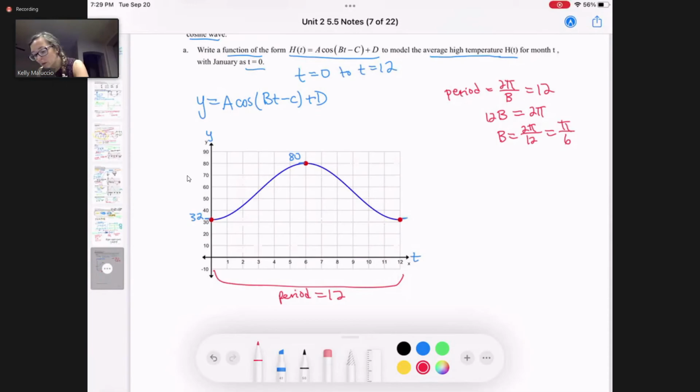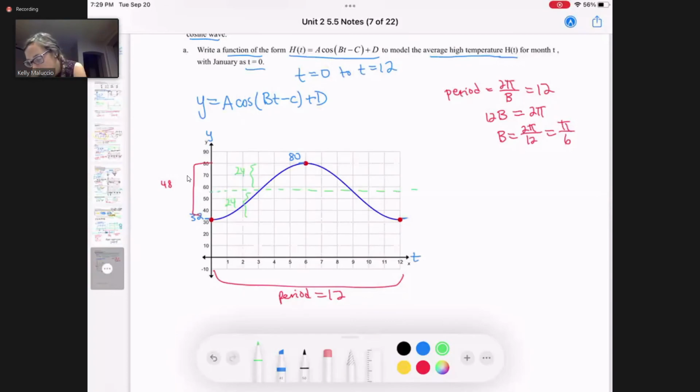And our equilibrium point is just, if we add 32 and 80 and divide by 2 to figure out what's exactly in the middle. Actually, the distance between them is 48. So this distance here is 48. And the equilibrium point, somewhere in the middle here, means there's 24 and 24 on the y-axis, right?